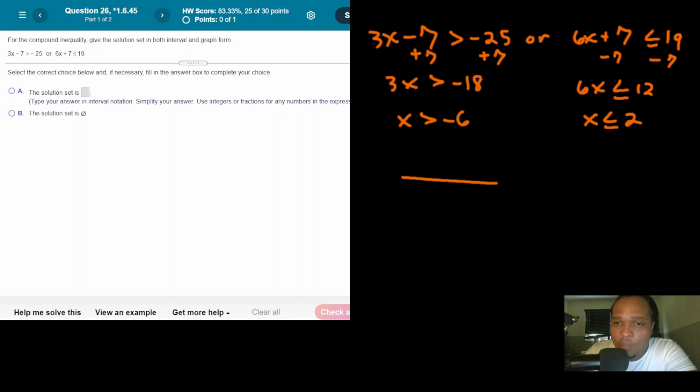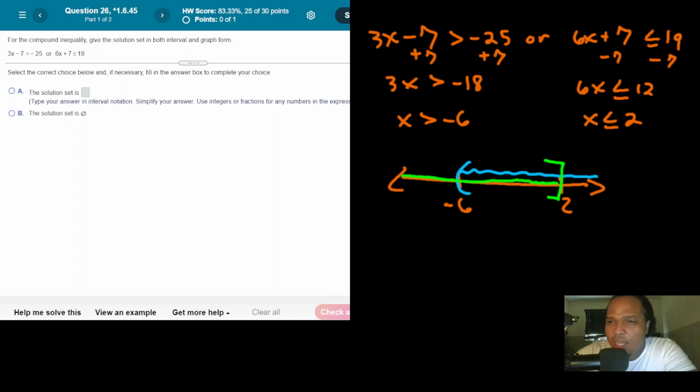All right, put your little number line. Put your key players down. X is greater than negative 6, so we're going to go in that direction. X is less than or equal to 2 with that bracket, so we're going to go in this direction. Once again, wherever you have a shaded region, everything is shaded, looks like.